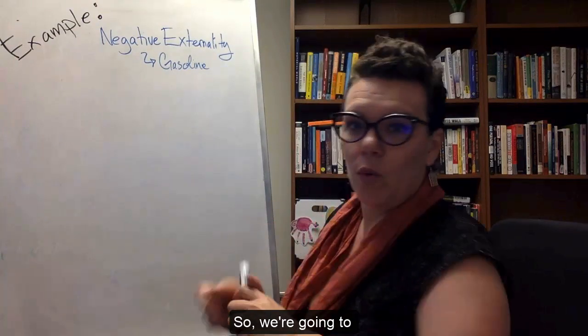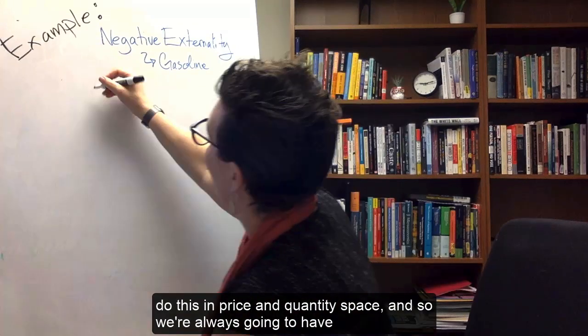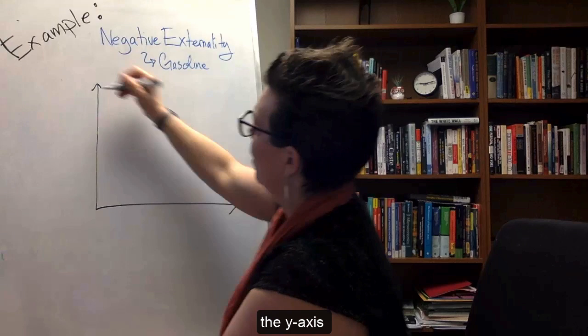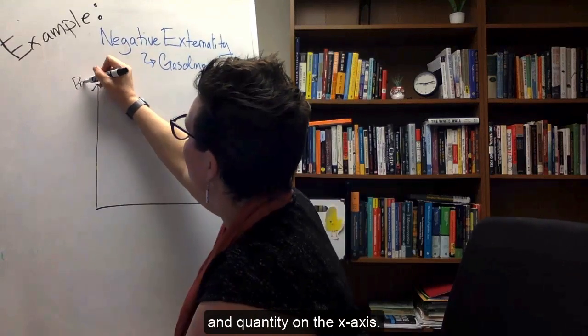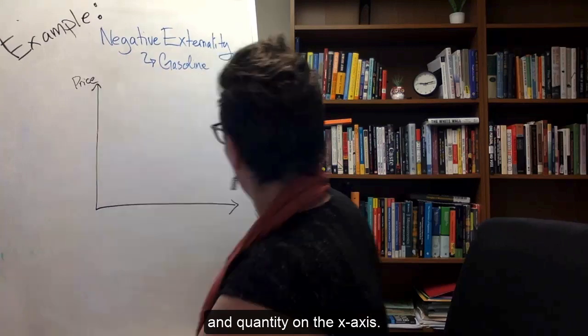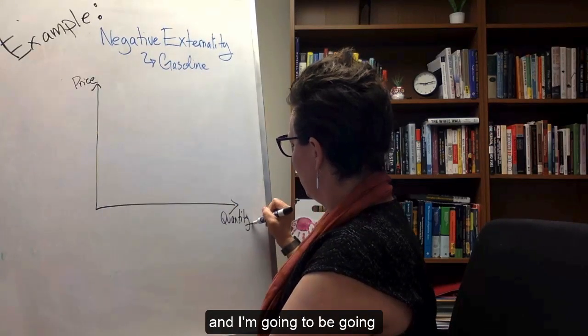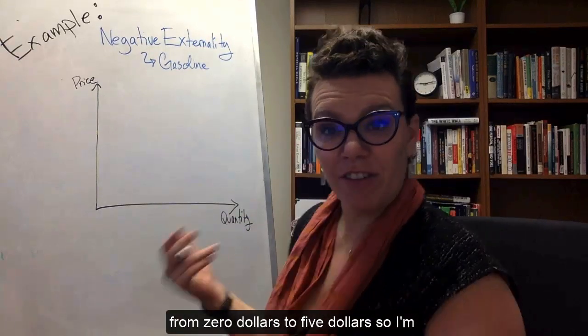So we're going to do this in price and quantity space. So remember, we're always going to have price on the y-axis and quantity on the x-axis. And I'm going to be going from $0 to $5.